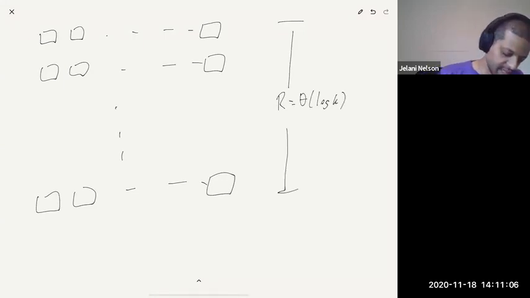Each one of these is D11, D12 up to D1Q, D21, D22 up to D2Q, etc. This is DR1 up to DRQ. And then each one has its own hash function, h1, which maps n into Q, all the way down to hR, which maps n into Q.